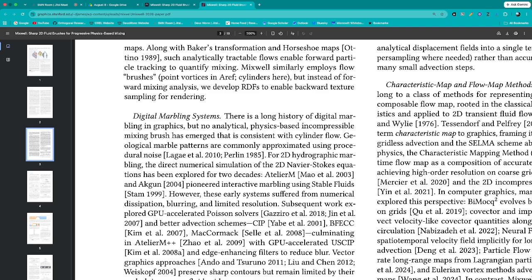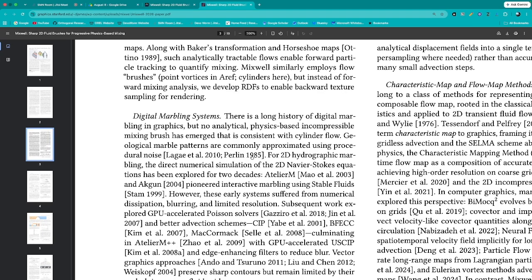Geological marble patterns are commonly approximated using procedural noise, including Perlin noise. If you see something in nature, you try to approximate it, maybe not locking onto the process that created it, but locking onto some analog that can describe that pattern sufficiently.